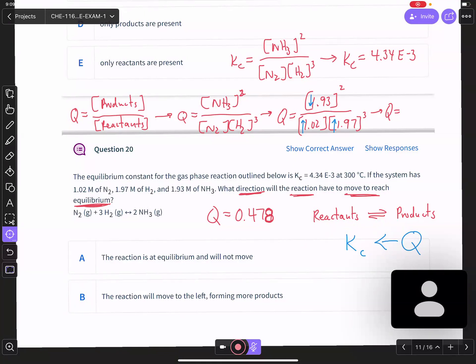Yeah, Lila. So K, I know we've got a lot of Ks, right? When we're dealing with equilibrium, it's going to be a Kc, it's going to be a Kp. When we get to acid base, we'll talk about Ka, we'll talk about Kb.